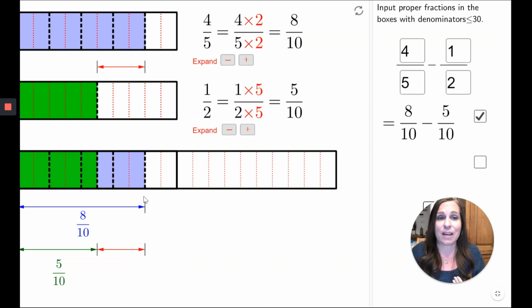And you can see that my shape is broken up into tenths. 8 of them are blue, 5 of them are green. The piece that's missing, or the gap, that little red arrow there, would be 8 minus 5. 8/10 take away 5/10 would give me 3/10. So that's what it would look like as a visual.